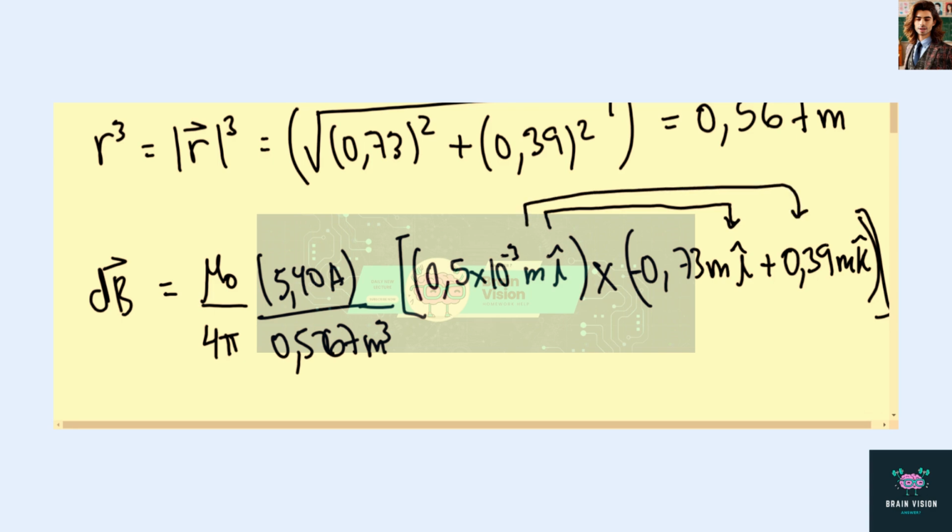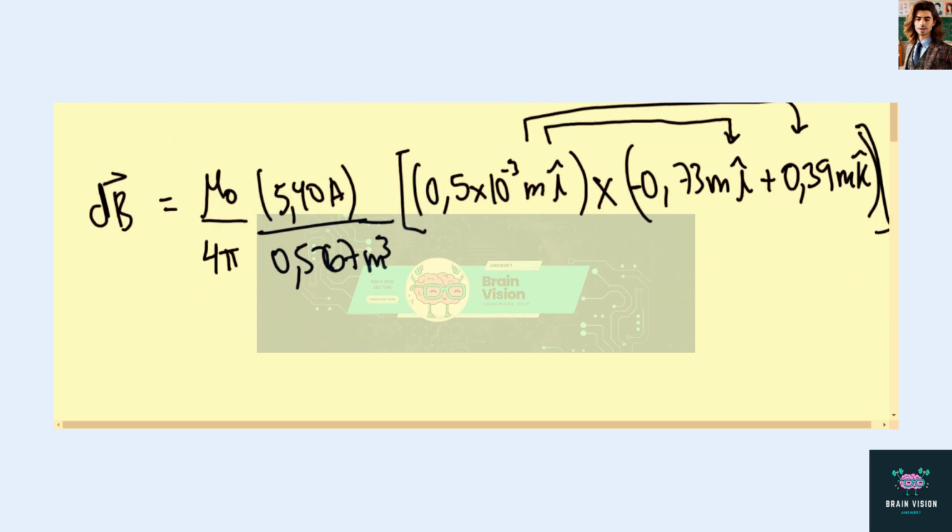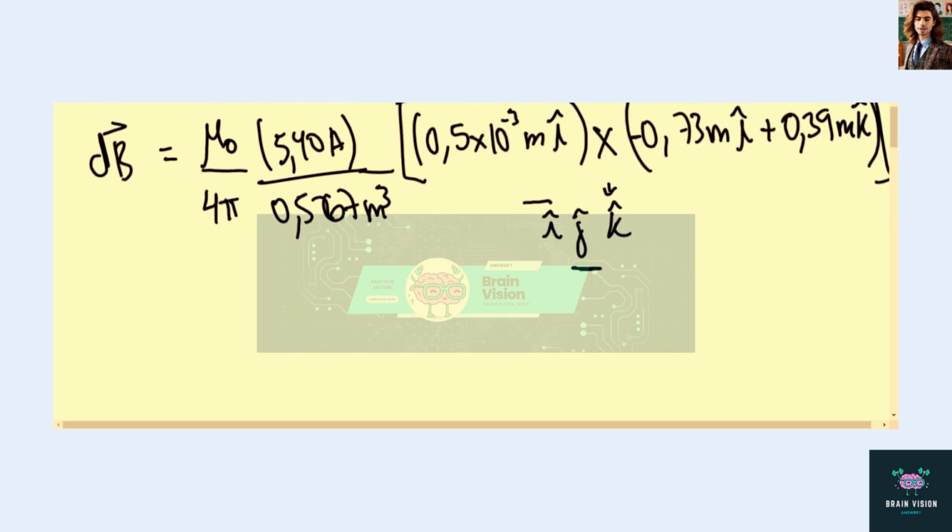But from the other one, we will be doing the cross product between I and K. And that cross product, if we know the rules for that, we can see that that will be I times this, and that will give us minus J, because if we do K cross product with I, we'll obtain plus J. So in that sense, we will obtain minus J, this in here.